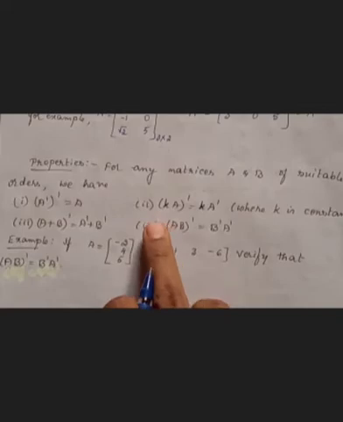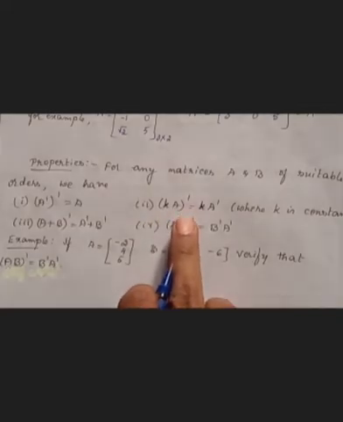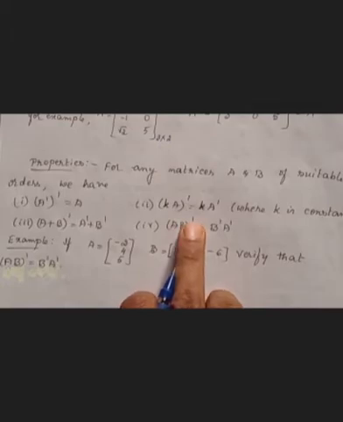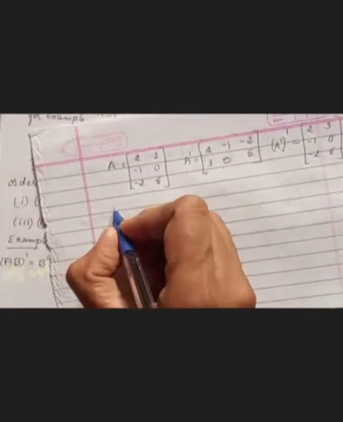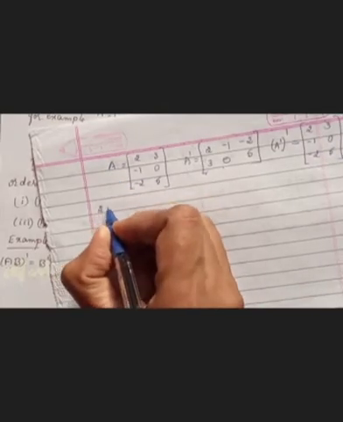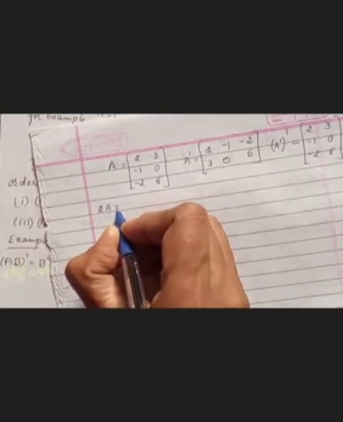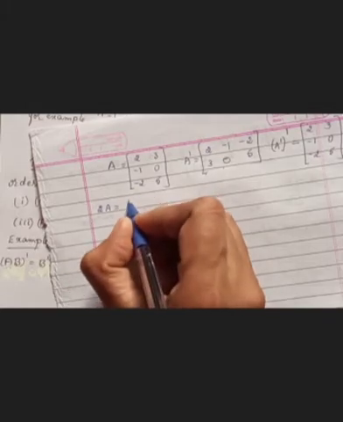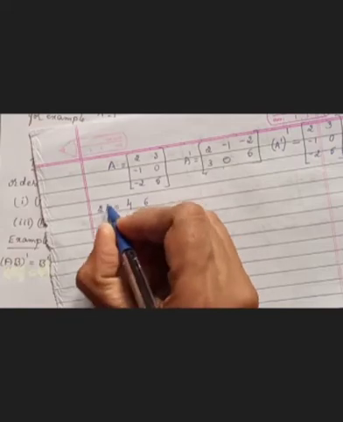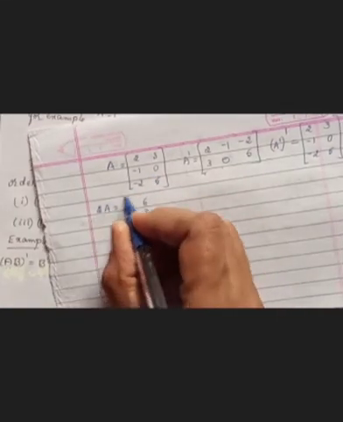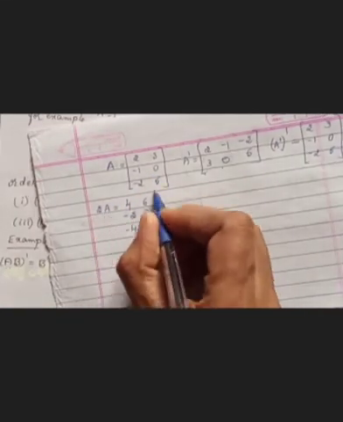Another property: K into A whole transpose is equal to K into A transpose, where K is any constant, usually a non-zero constant. If matrix A is multiplied by a constant K, I'll take the same matrix and multiply by 2. 2 into A: 2 into 2 is 4, 2 into 3 is 6, 2 into minus 1 is minus 2, 2 into 0 is 0, 2 into minus 2 is minus 4, 2 into 5 is 10.